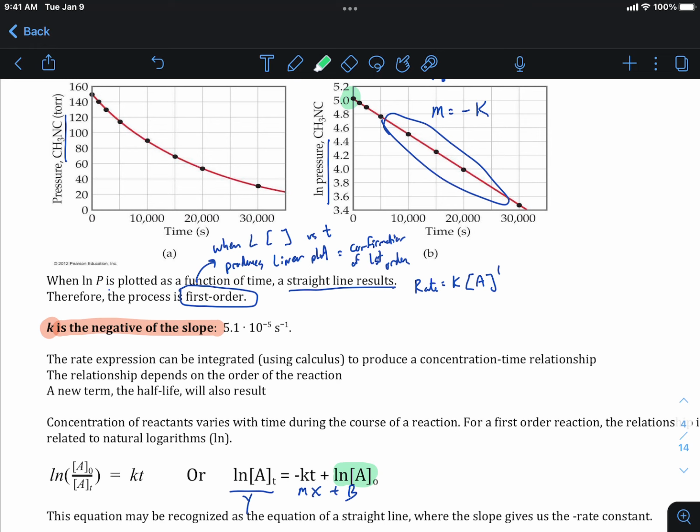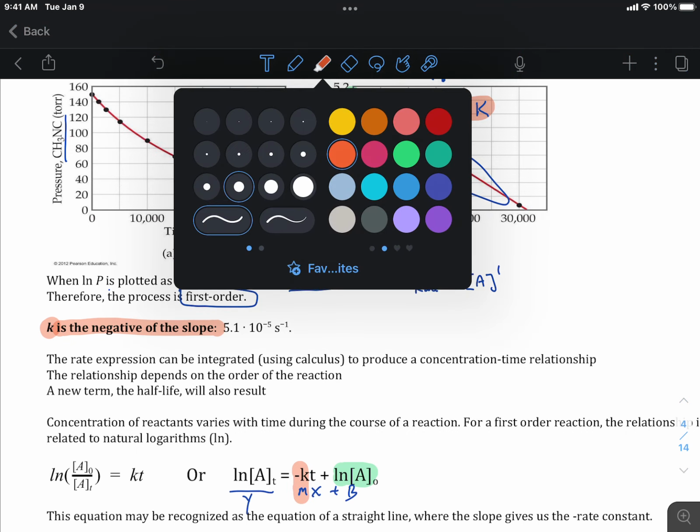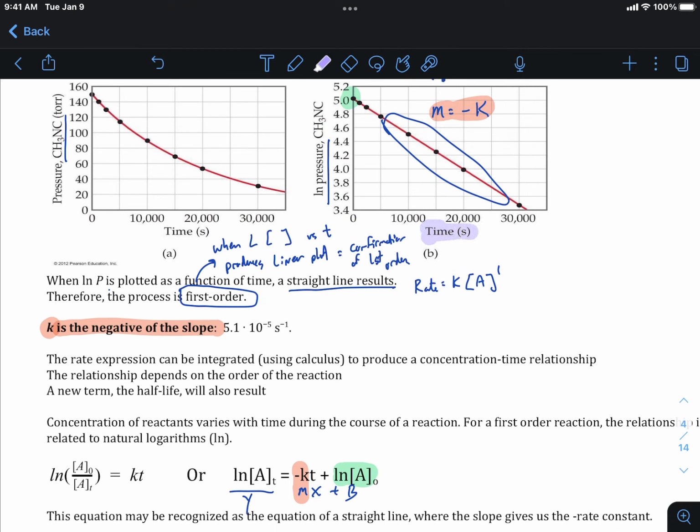The slope is the opposite of k. Your time is the x variable, and the actual value that you're trying to obtain would be your final concentration. So, depending on the data you have, you can go ahead and plug this data in.